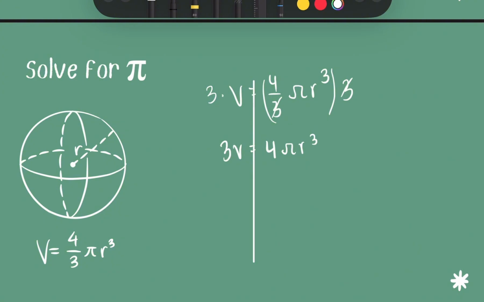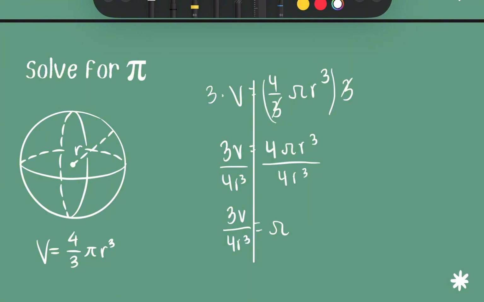And now all I need to think about is what is 4 and what is r cubed doing to pi? Well, it's just being multiplied. So I just need to divide pi by 4 and by r cubed, and the same thing to the other side. And I get left with 3v divided by 4r cubed is equal to pi.